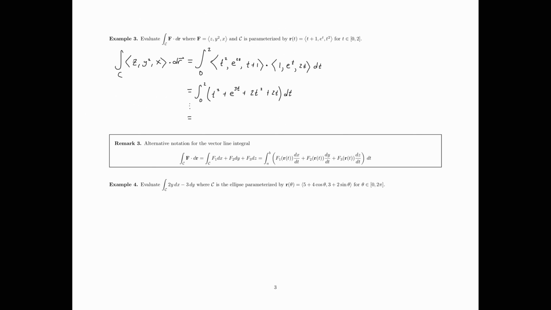Skipping some steps in here, we should end up with this equaling 1/3 times the quantity 35 plus e to the 6th. And that's a very straightforward way how to compute a vector line integral.